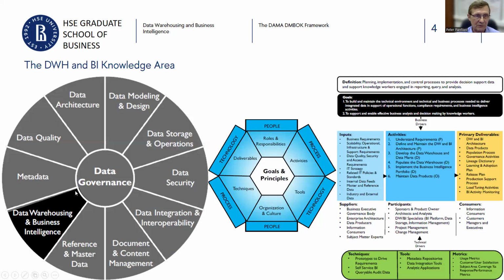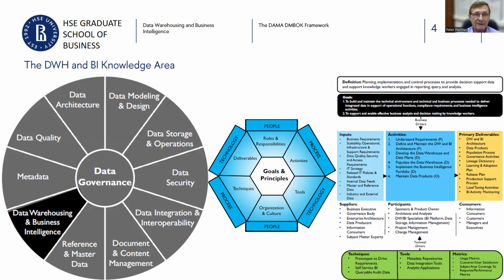Okay, so this is our piece of cake, data warehousing and business intelligence, which, you see on the diagram, is close to reference and master data and close to metadata. And actually, it's for a reason. It's not just occasional.